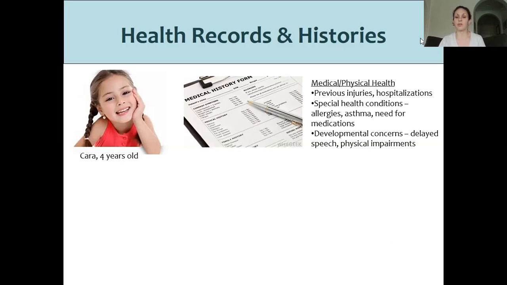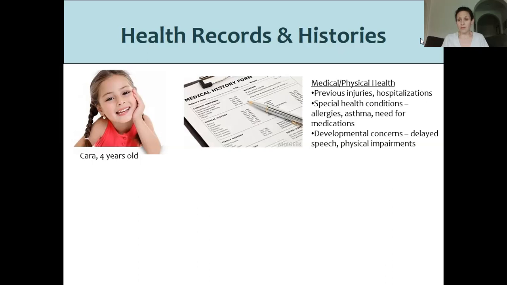You also want to know were there previous injuries, hospitalizations, like especially these days, so many premature babies are surviving because we have the medical technology that can make that possible. But long, extensive hospitalizations set children up for developmental delays, or set them up to have other types of conditions that we need to be aware of.